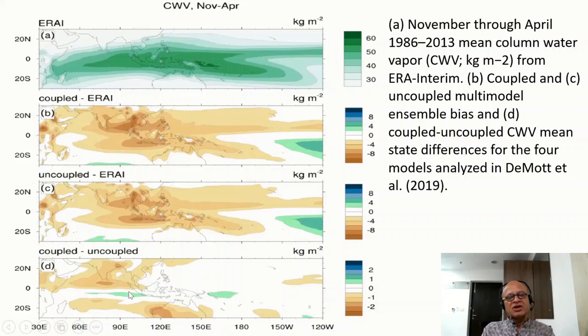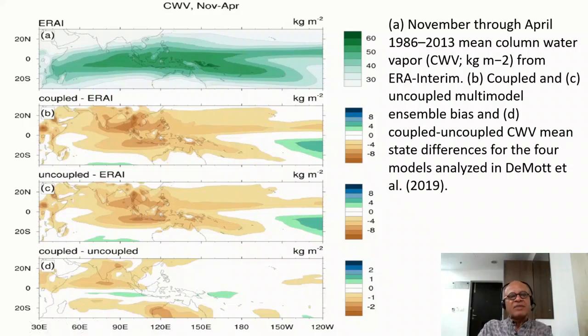So coupled minus uncoupled shows here some pattern that is obviously going to have an impact, and this is in the region where detoured MJOs go through. So one has to be aware of how the detouring of MJOs around the maritime continent and propagation across is affected by coupled air-sea interactions.